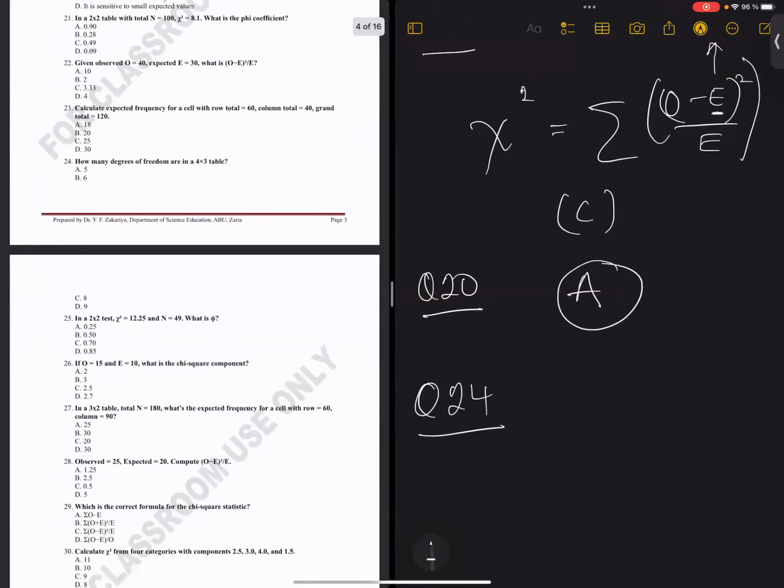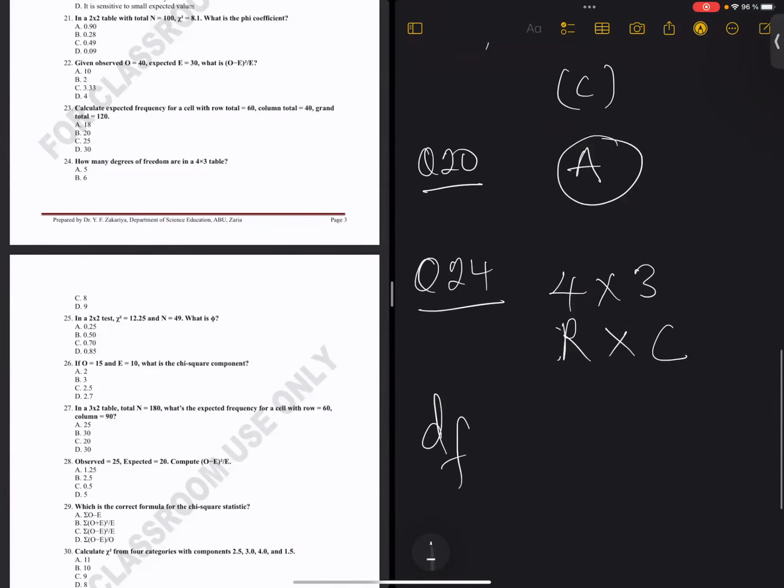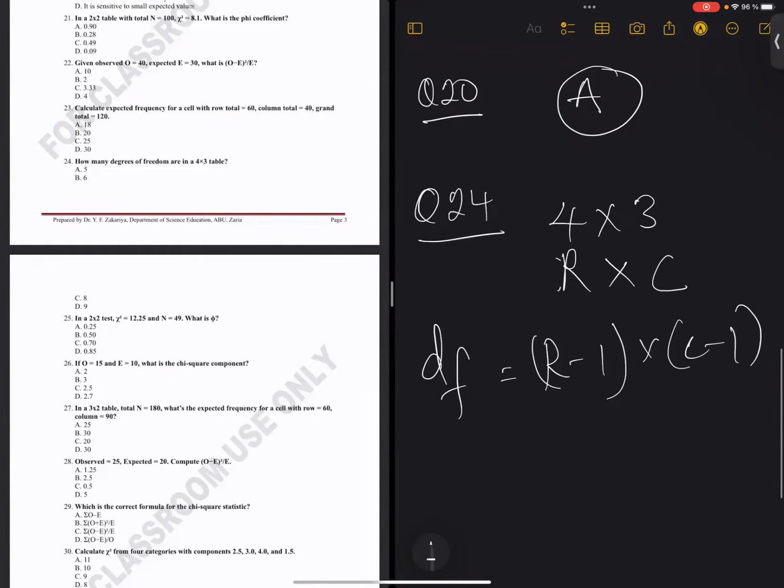That is question 24. It says, how many degrees of freedom are in a 4x3 contingency table? A 4x3 contingency table is row by column, and degree of freedom, we know it is row minus 1 multiplied by column minus 1. How many rows? 4.